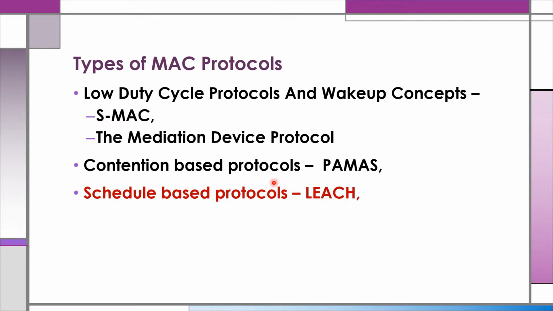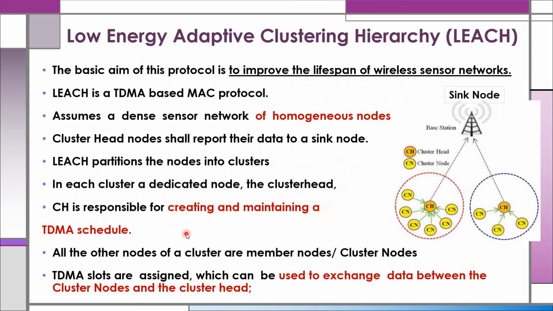The next one is the contention based protocol, PAMAS. The next one is schedule based protocol, LEACH. In this video we are going to discuss this schedule based protocol, LEACH. The final type of MAC protocol is IEEE 802.15.4 MAC protocol.